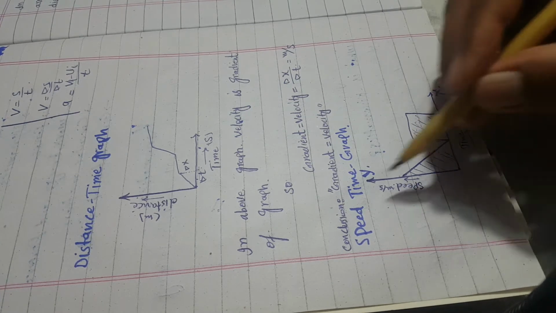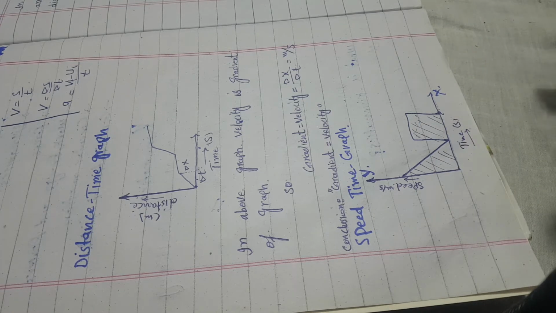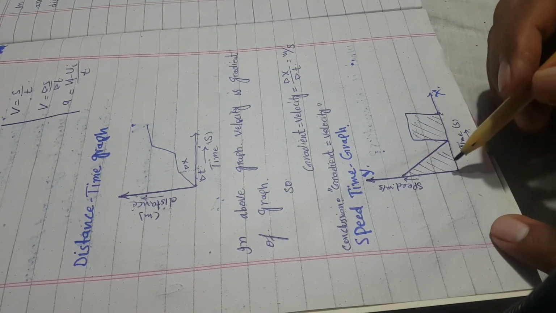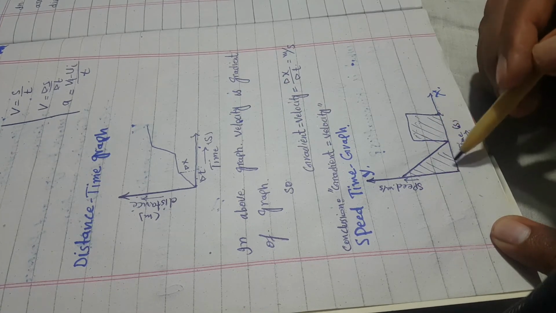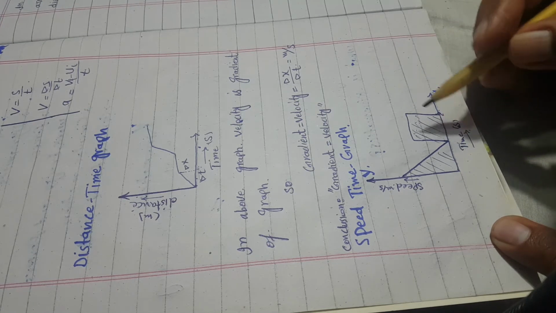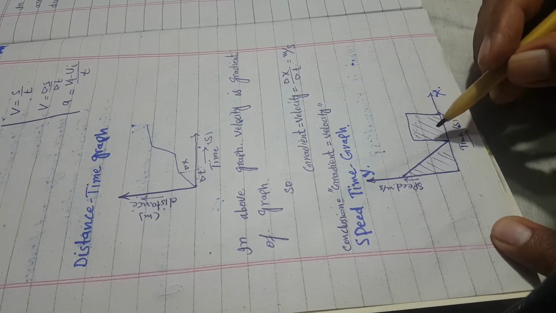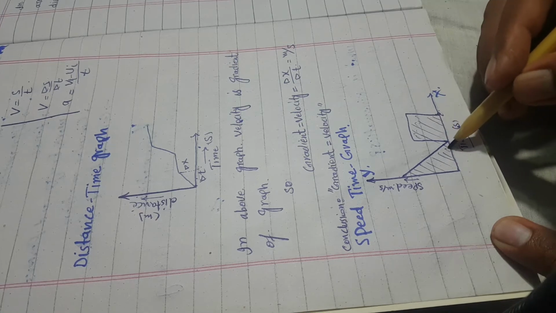So we always measure the value of the speed along the y-axis. In the speed time graph, the area under the curve gives us the distance traveled.